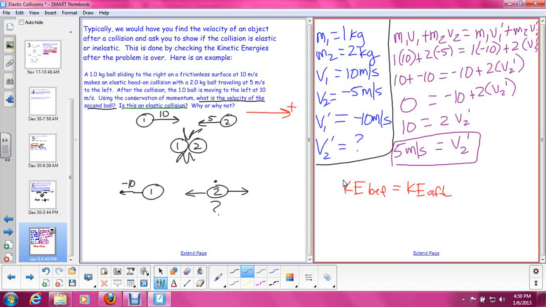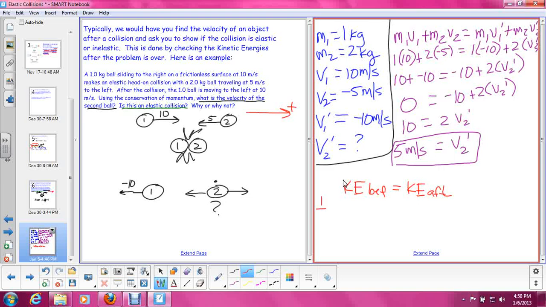If you set these two things equal and you get two different numbers, say 7 is equal to 10, you know that this is an inelastic collision because 7 is not equal to 10. They are two different numbers. And therefore, the initial kinetic energy can't be equal to final kinetic energy. But if you set these two things equal to each other and you find that you get the same answer on both sides, 7 equals 7, this is an elastic collision.